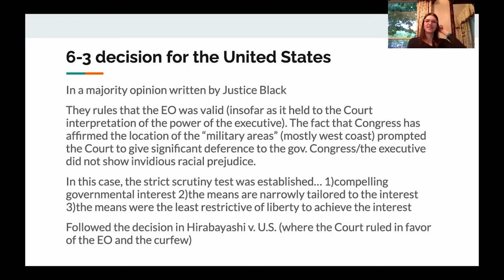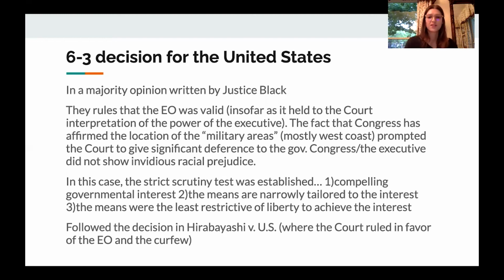which is kind of counterintuitive, because they did something that was inherently suspect, which was to separate people by their national origin. But the court found that there was no invidious racial prejudice shown in that act because they were only relocating Japanese Americans.